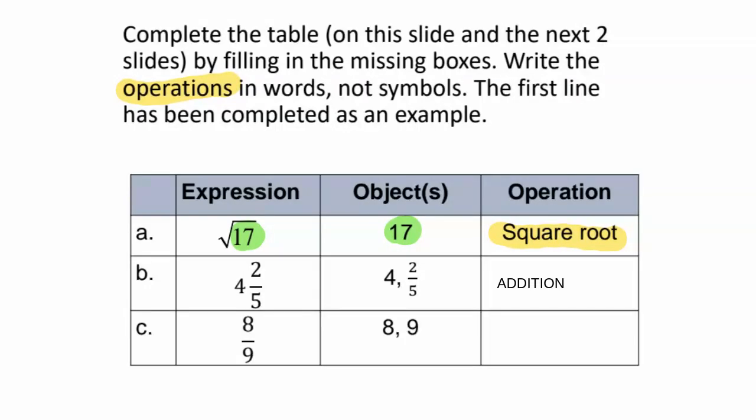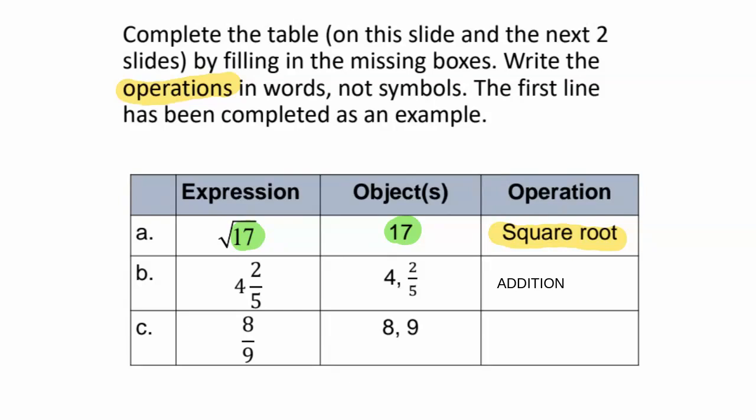So the operation is based upon taking the whole number 4 and 2/5 and adding it together. The operator is what puts the mixed number's parts together.